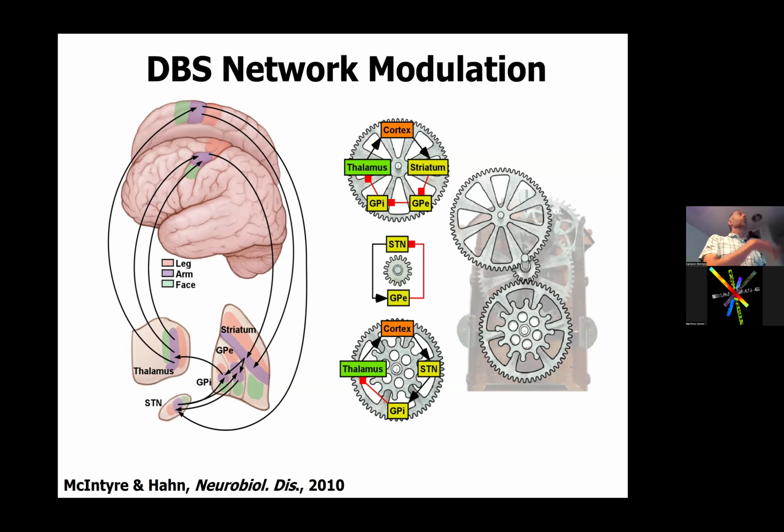How can we record from different parts of this circuit to understand that modulation? And then it would be great if we could turn that problem on its head and come up with better, more efficient, more effective strategies to modulate that network in the most efficient or effective way possible.